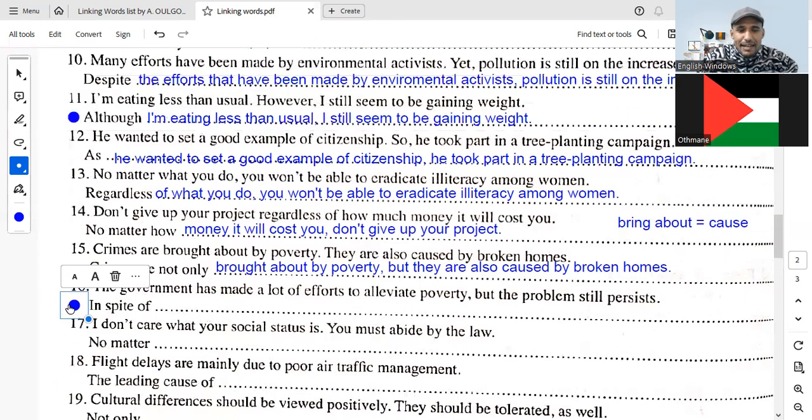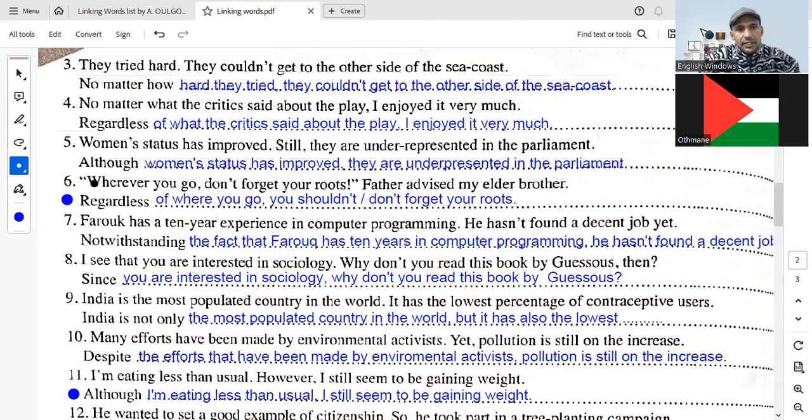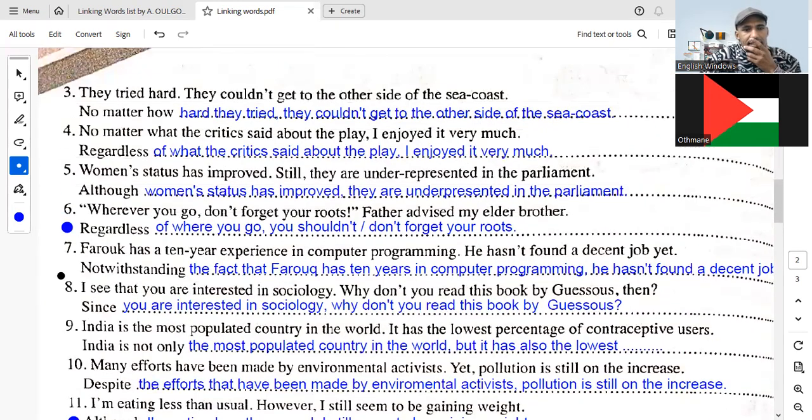Now the last example is going to be in spite of. We have already seen in spite of in many situations. Can you give an example using in spite of? It's the same as regardless of. You just need to have a noun or even a clause after the linking word.